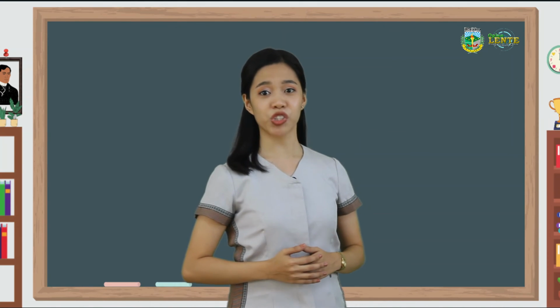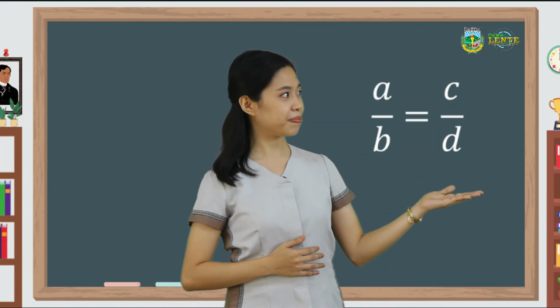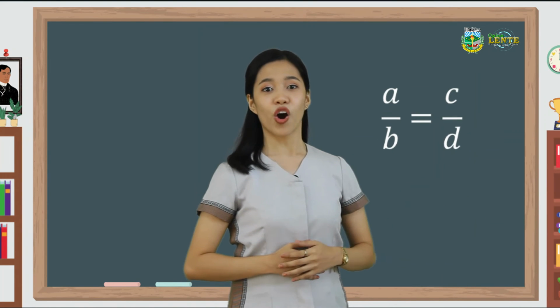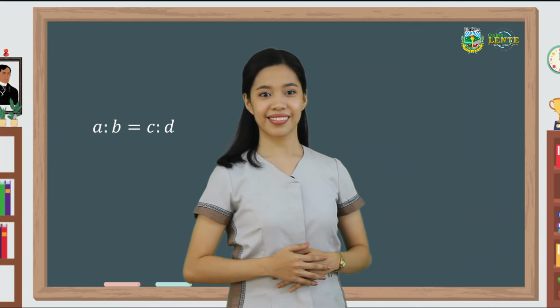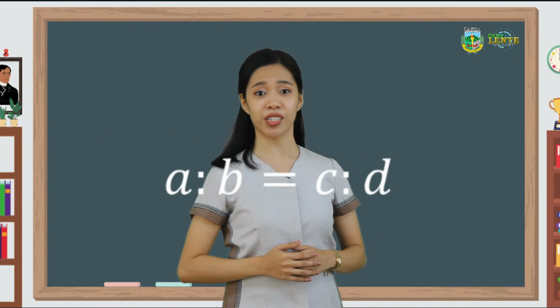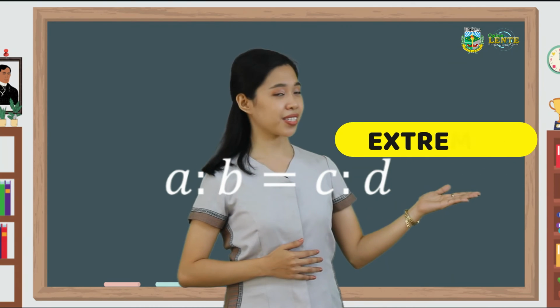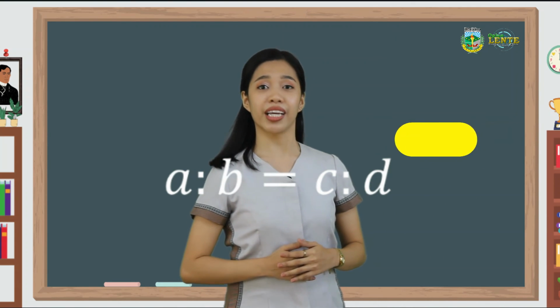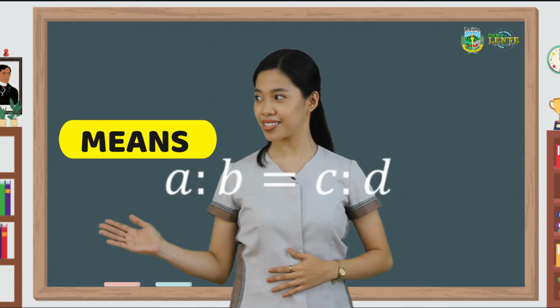It is an equation in which there are ratios on both sides and can be written in two ways: as two equal fractions or using colons. In the proportion A is to B equals C is to D, the outer terms A and D are called extremes, while the inner terms B and C are called means.